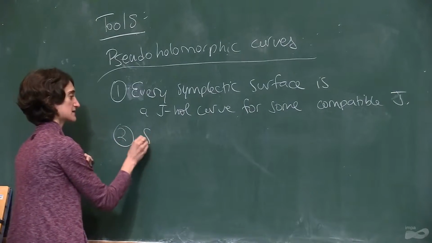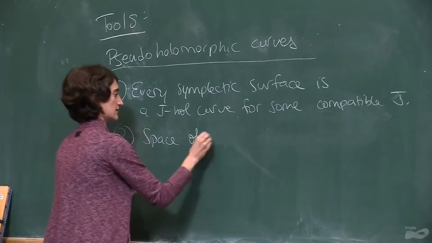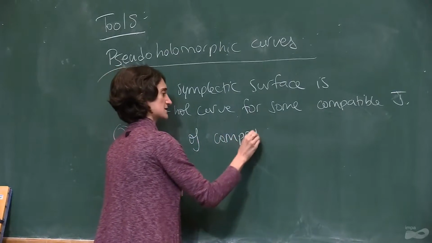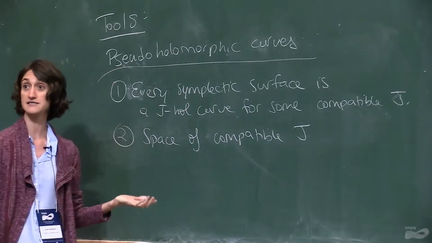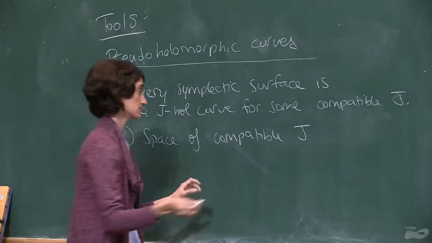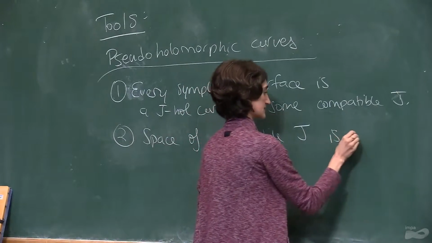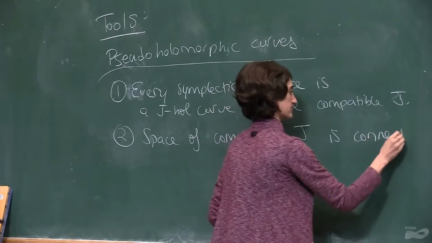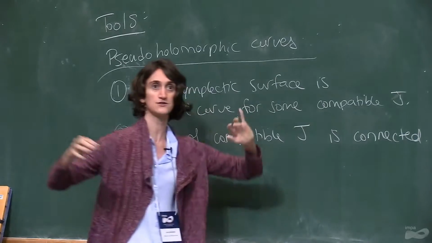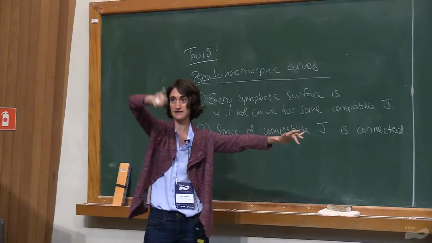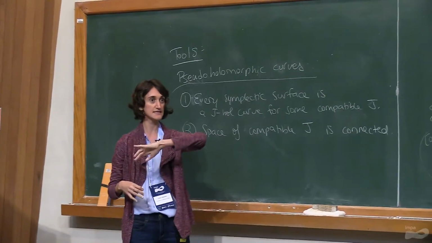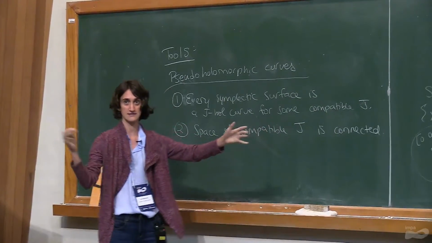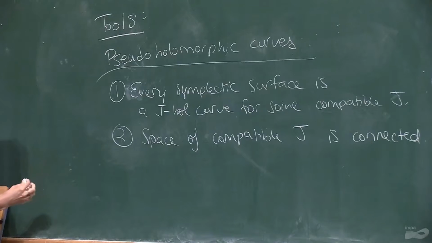So the space of compatible almost complex structures is infinite dimensional, but it's contractible. So in particular, it's connected. So if I have two different J's, I can connect them by a family of J's, and I can look at J-holomorphic curves as I vary my almost complex structure.